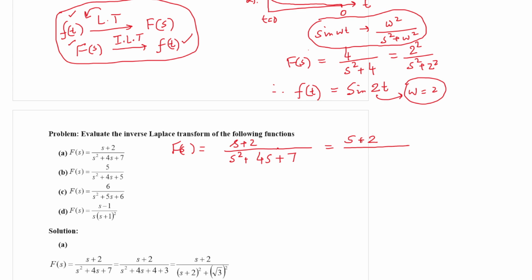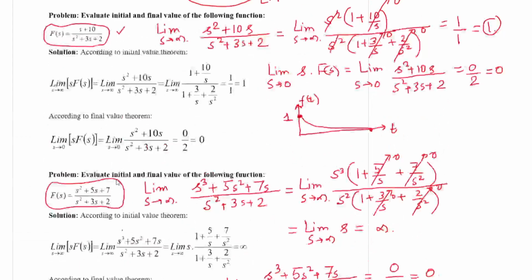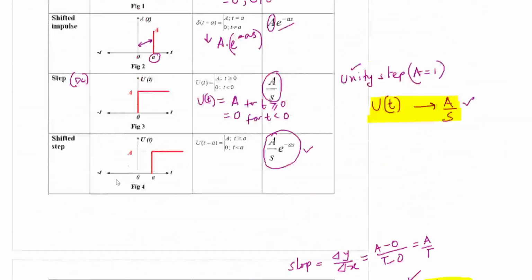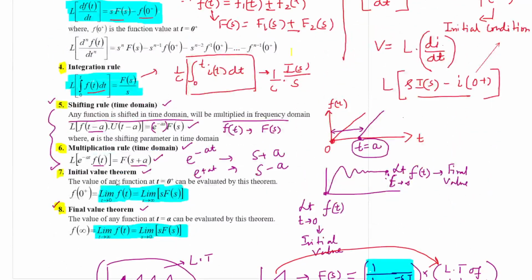So you should utilize the shifting property. Shifting in the frequency domain means multiplication in the time domain. That is, frequency domain shifting means time domain multiplication.